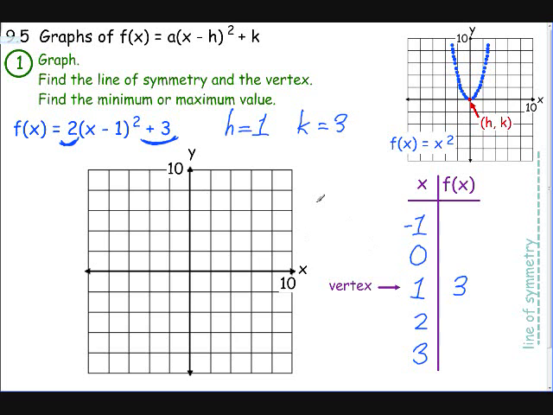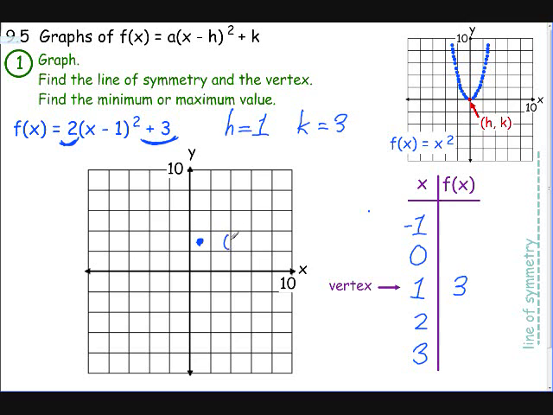So we have found the vertex. The vertex is at 1, 3. So let me mark that. Over 1, up 3. So here's my vertex. Right about there. At 1, 3.